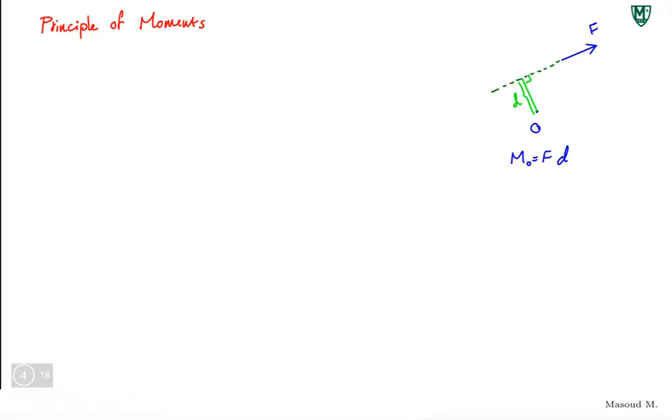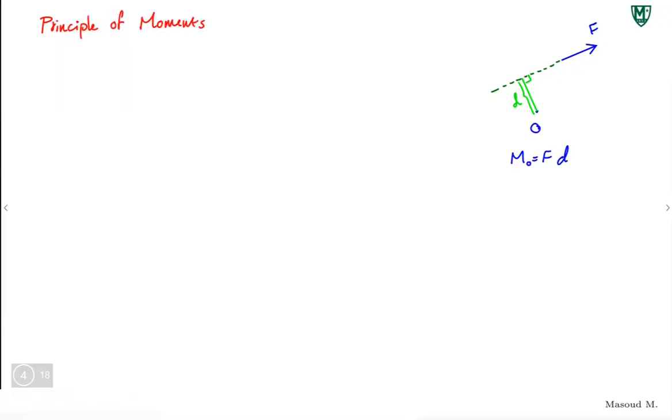What does it say? It tells us that the moment of a force F about a point O is equal to the sum of the moments of the components of the force about that point. What I'm trying to say here is this.